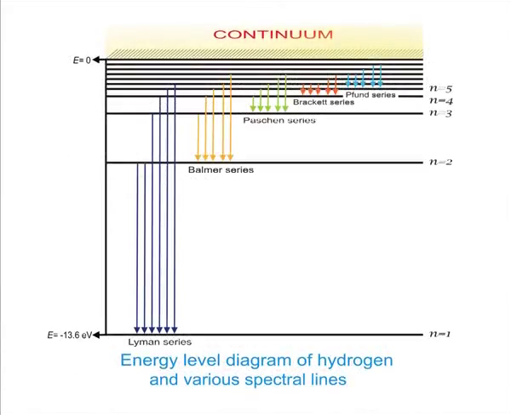What you see here is just the energy level diagram of hydrogen atom and various spectral lines. You see the ground state is n equal to 1, next excited state is n equal to 2, n equal to 3, n equal to 4, n equal to 5, and you see all Lyman series terminate at n equal to 1, Balmer series terminate at n equal to 2, Paschen series terminate at n equal to 3, from all n values upward in energy.